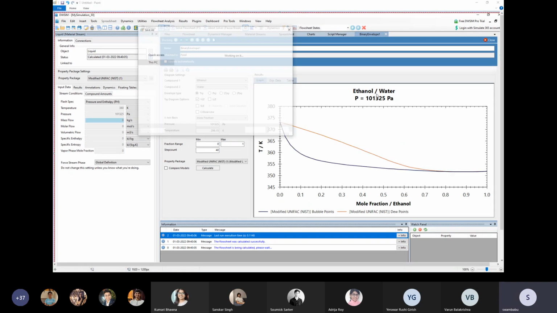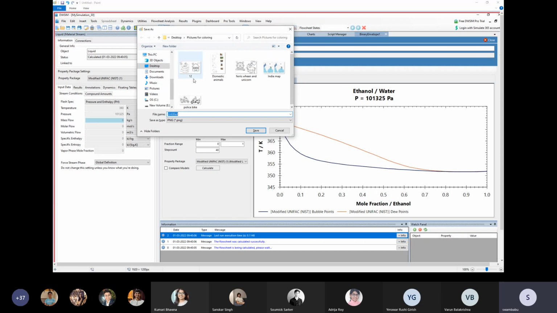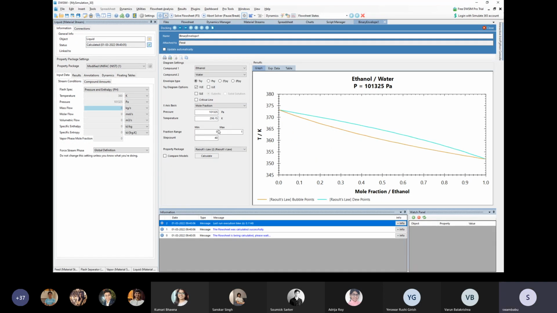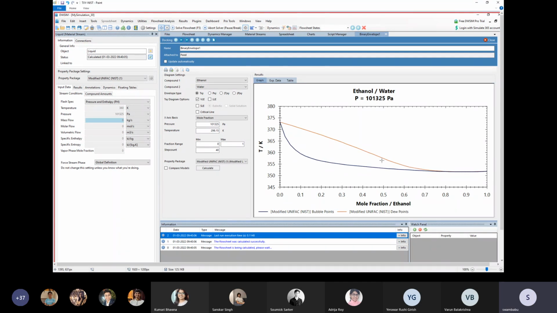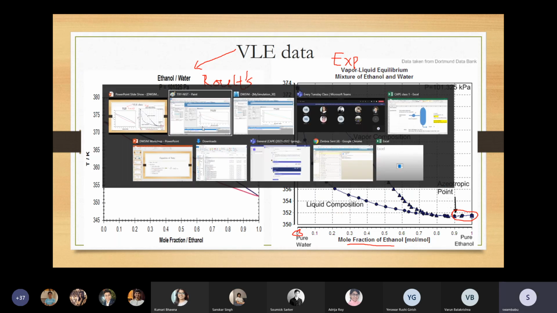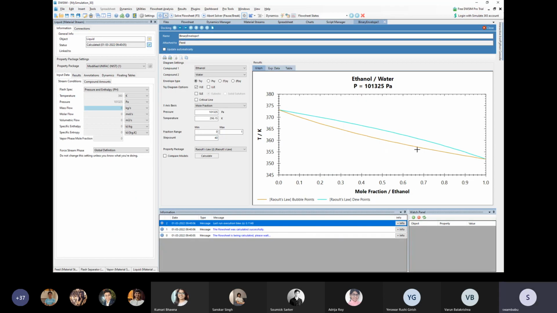Control S, I will just save it. So this is the VLE data from Raoult's law, and this is the VLE data from NIST. Now we can see that this is Raoult's law, and it matches with this one, Raoult's law 1.